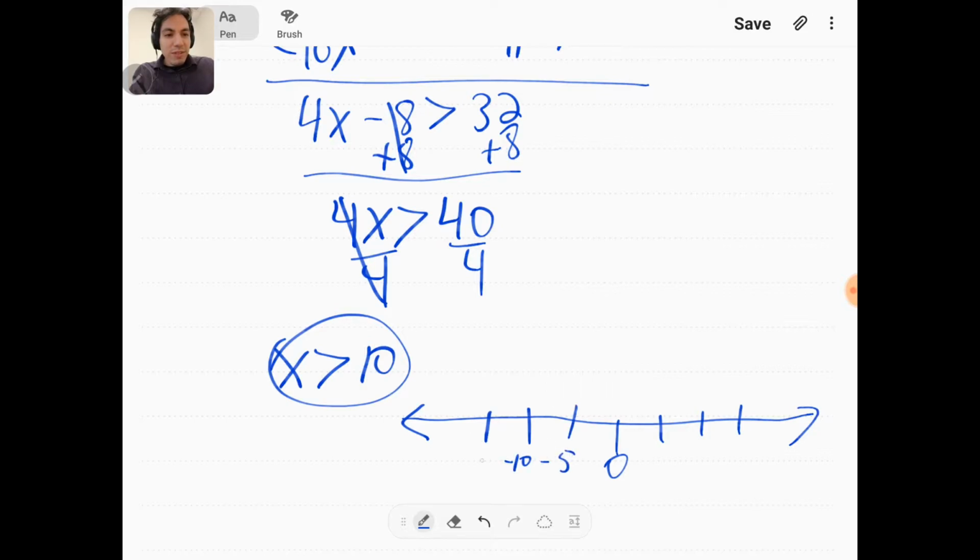So at 10, I have to make an open circle, and it's going to the right. So the notation for this would be 10 to infinity, with an open parenthesis at 10. Or for the domain, it would be rewritten as x such that x is greater than 10.